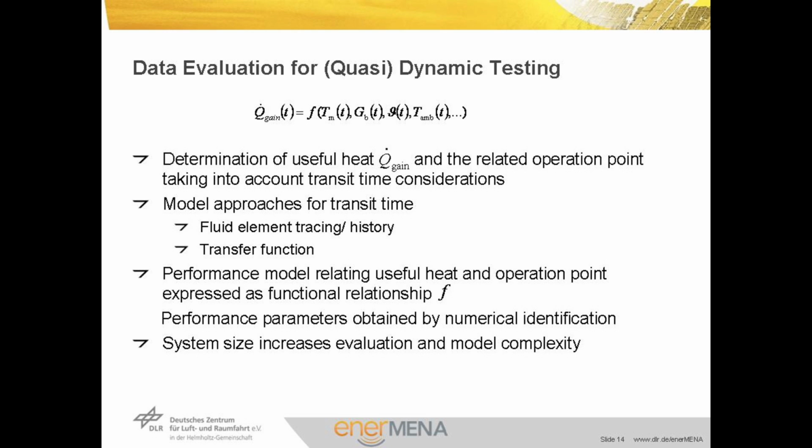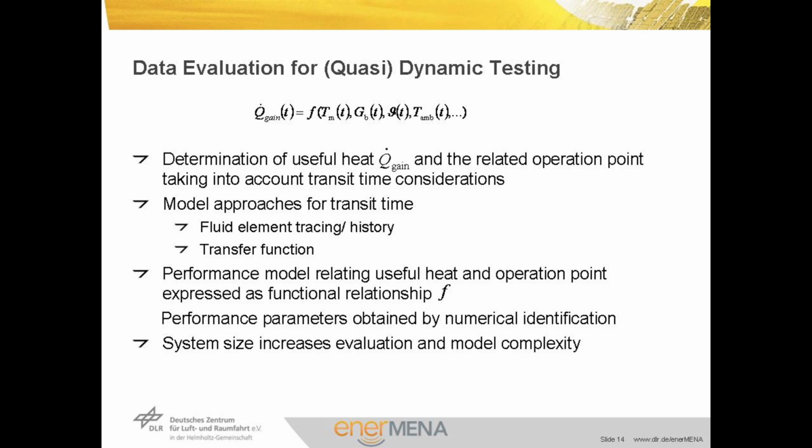Fluid element tracing or history divides the HTF flow into subsequent fluid elements and attempts to track their history while passing through the system. Alternatively, transfer functions express overall effects of residence time and smearing of signals representing a system as a parameterized black box.